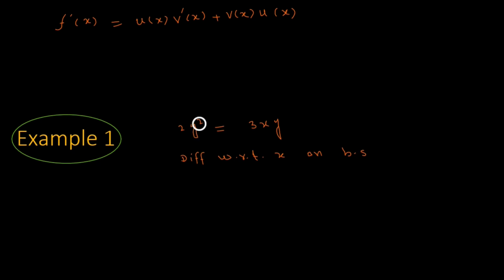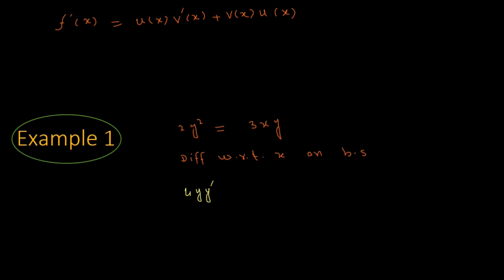The power 2 will be multiplied with 2, so we will write 4, because when 2 multiplies with 2 it is 4. So 4y, and the derivative of y is dy by dx, which can be represented by y prime.